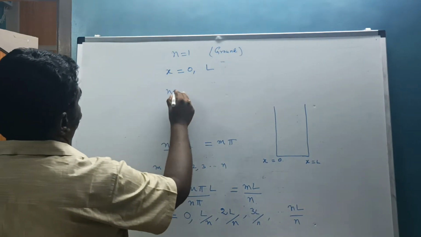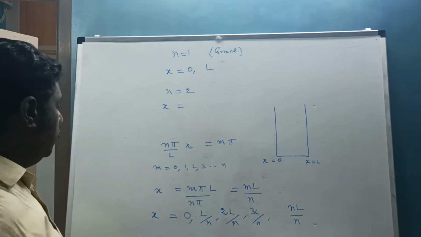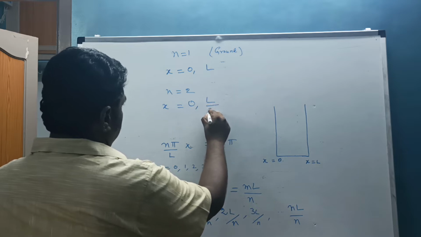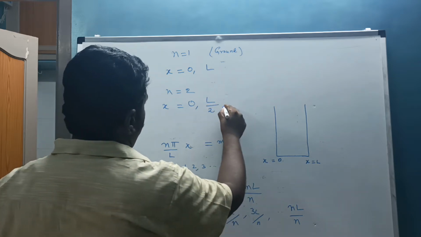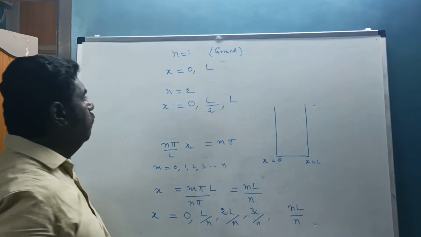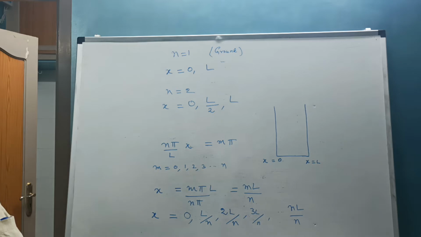If I put n equal to 2, then the positions of the nodal points are 0, then L by 2, and 2L by 2, which is L. We can get 3 nodal points; 3 nodes are present.